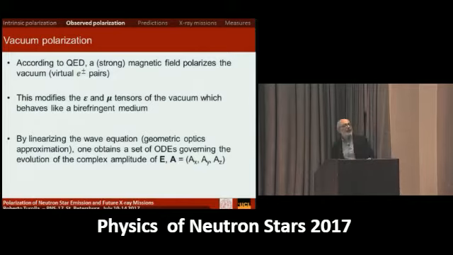I'm not considering in this case any contribution from matter, so it is a polarized vacuum. According to QED, this vacuum is polarized, so it's full of virtual electron-positron pairs because of the presence of a very strong magnetic field. The first consequence is that this modifies the dielectric and magnetic permeability tensor of the vacuum, which in this case behaves like a birefringent medium.